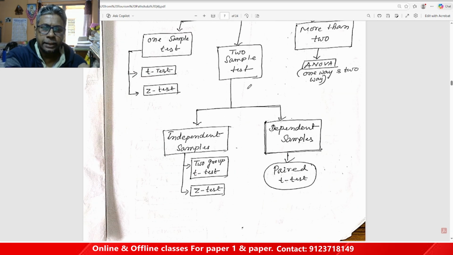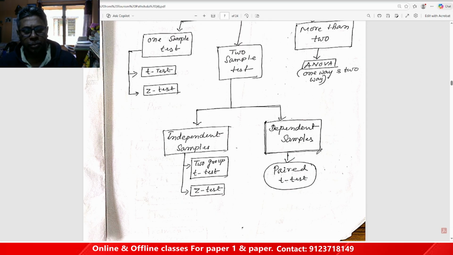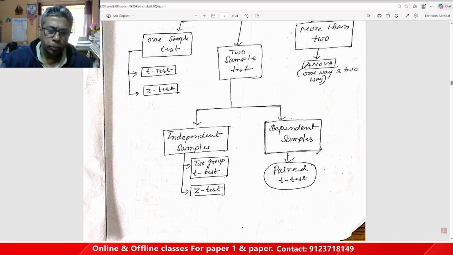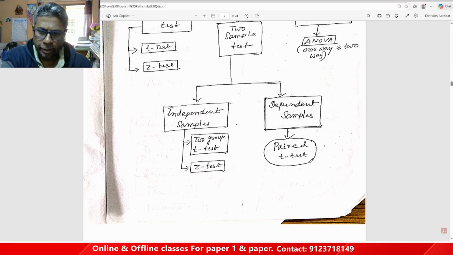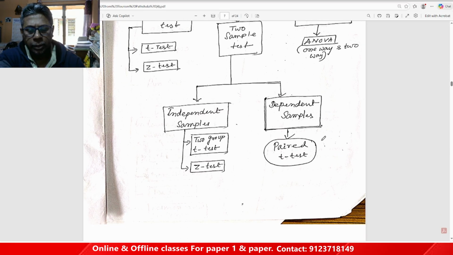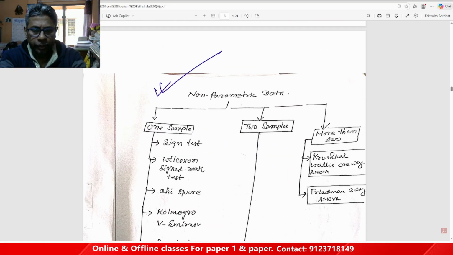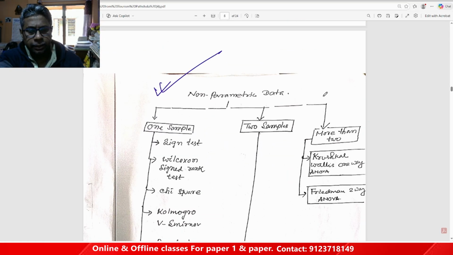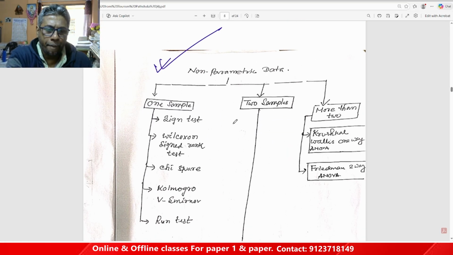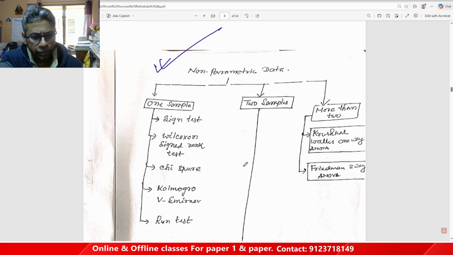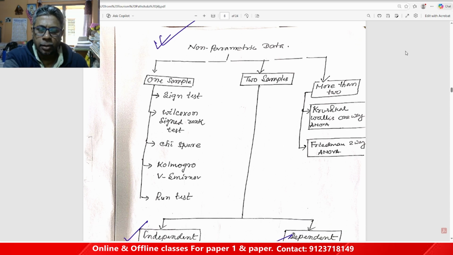Two-sample tests can be divided into independent sample and dependent sample. For independent samples, we use the group t-test and z-test. A dependent sample uses the paired t-test. In non-parametric data, the one-sample test means the sign test, Wilcoxon signed rank test, chi-square test, Kolmogorov-Smirnov and run test.